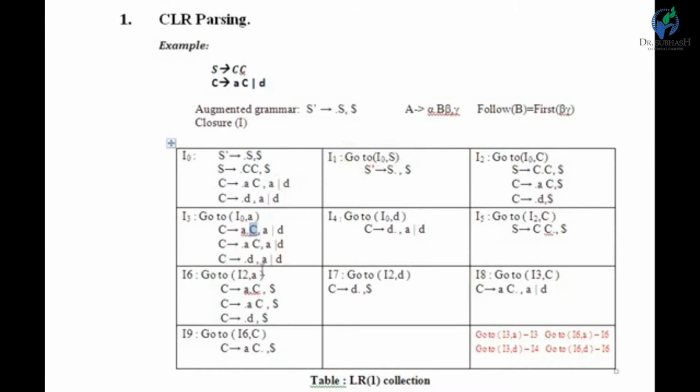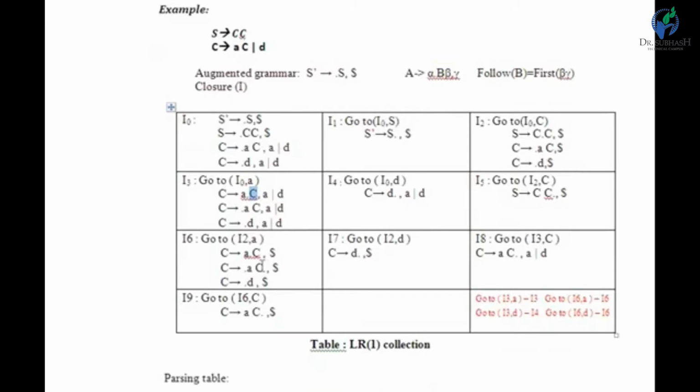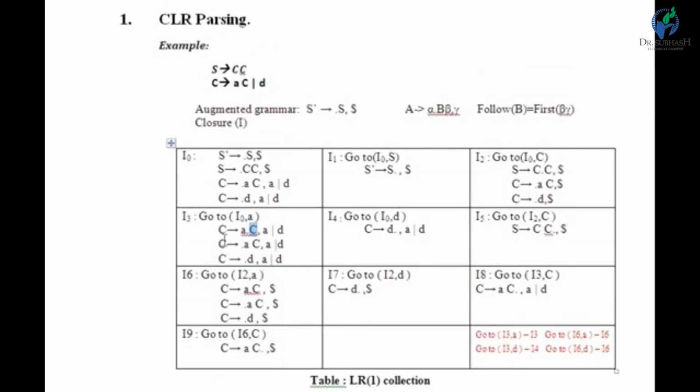Here after the dot you have a non-terminal, so put productions for it: C gives dot A C with look ahead a or d, and C gives dot D with look ahead a or d. Next, move I0 on D. Your production will be C gives D dot, comma a or d.